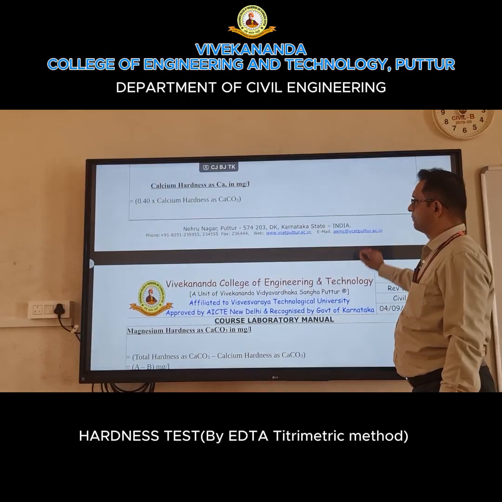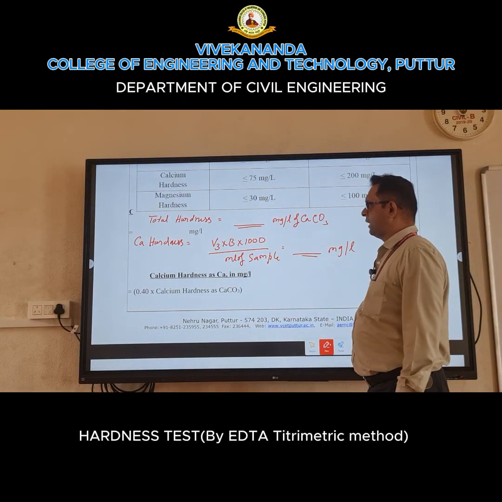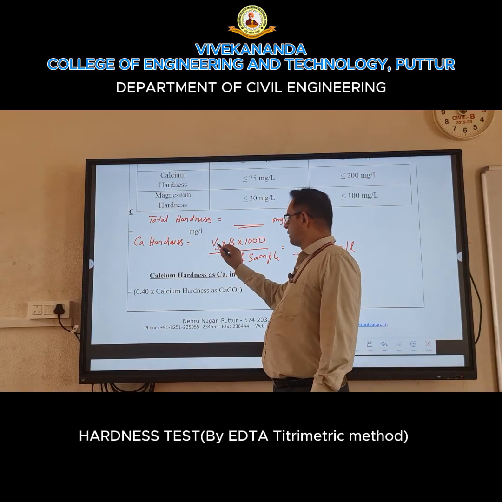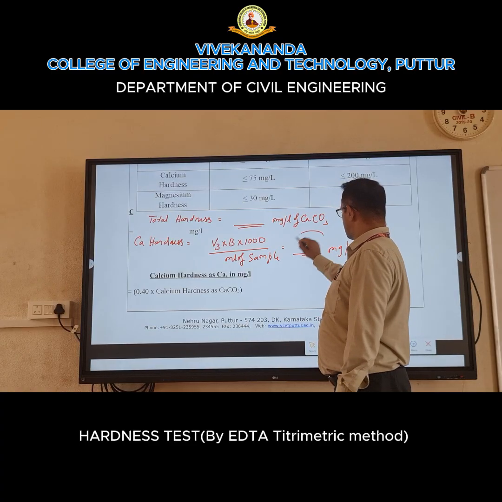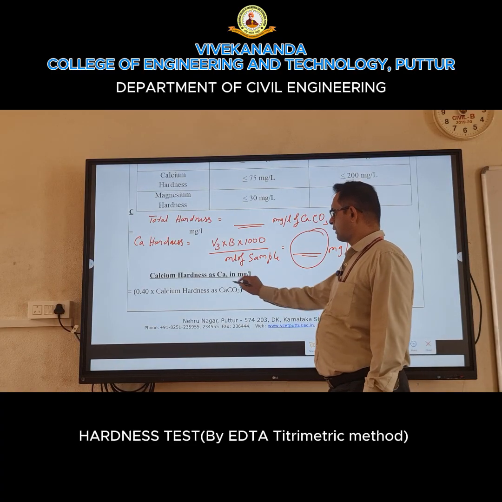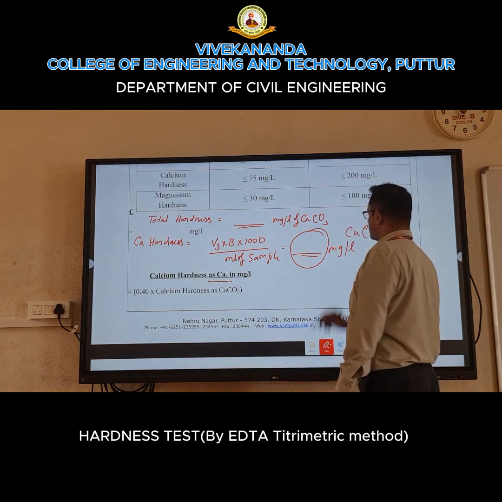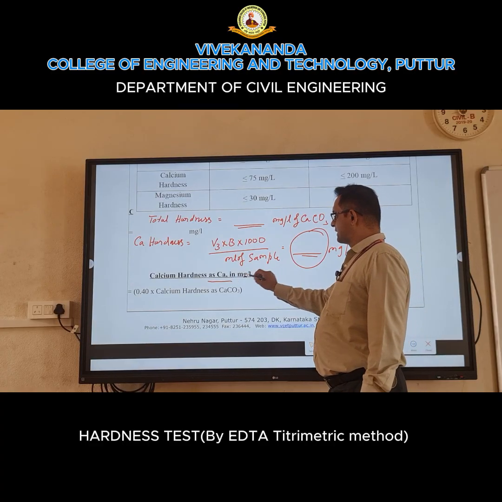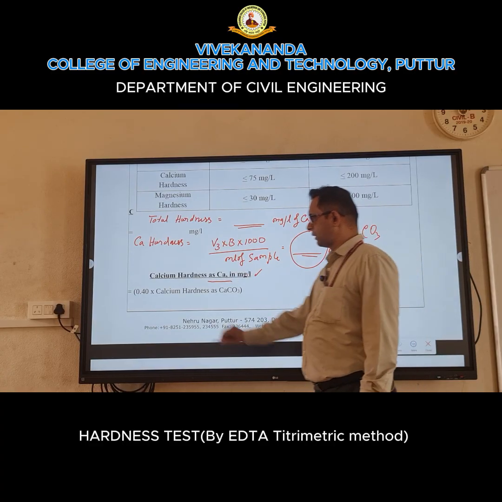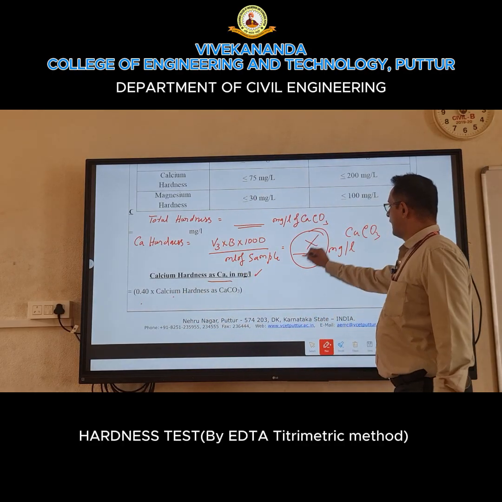Next we will see how to do the calculation for calcium and magnesium. First I will find out total hardness using that formula. Then calcium hardness is equal to V3 into B into 1000 divided by ml of sample. Some value I will get. Then the calcium hardness Ca, that is in milligram per liter, is equal to 0.4 into the calcium hardness as CaCO3, whatever value I have got here.